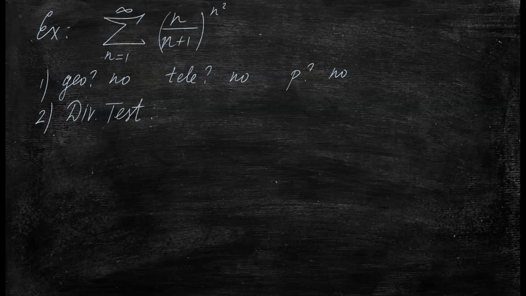Hopefully it diverges. And the limit of the nth term, and this limit is not trivial, right? So we have 1 to the power infinity, and I'm actually not sure. We don't want to say it diverges here, right?